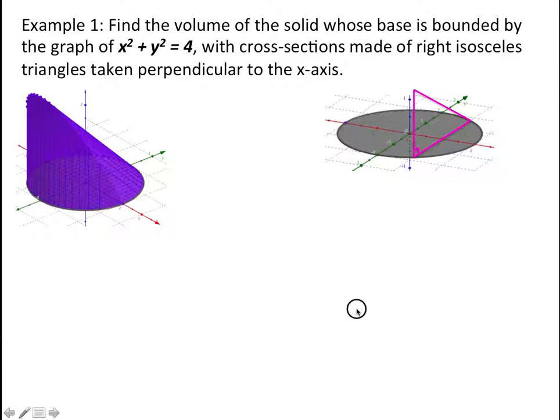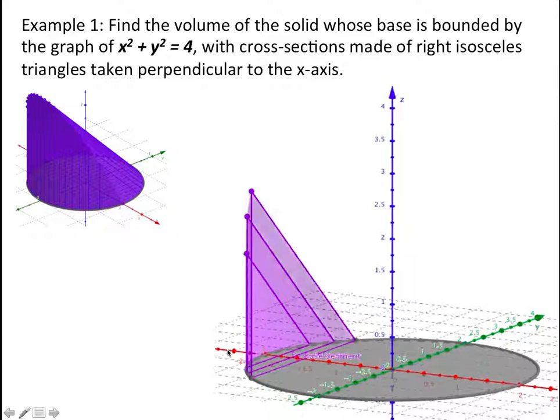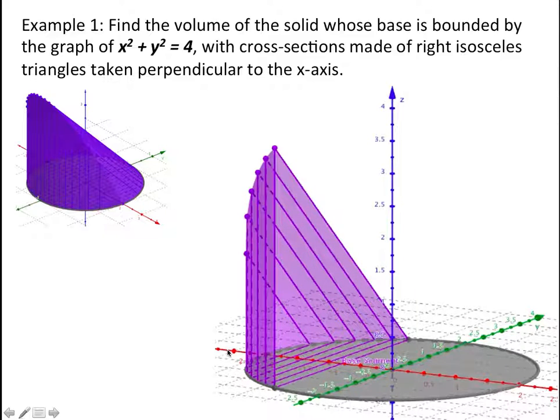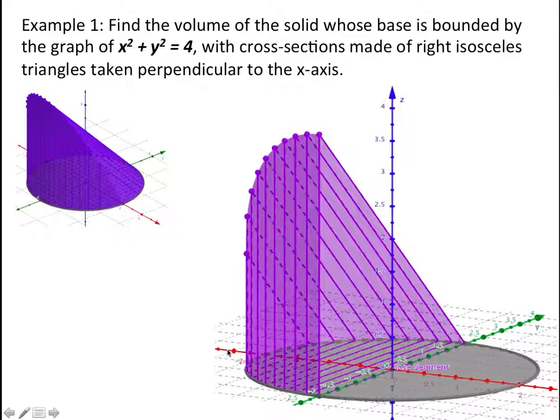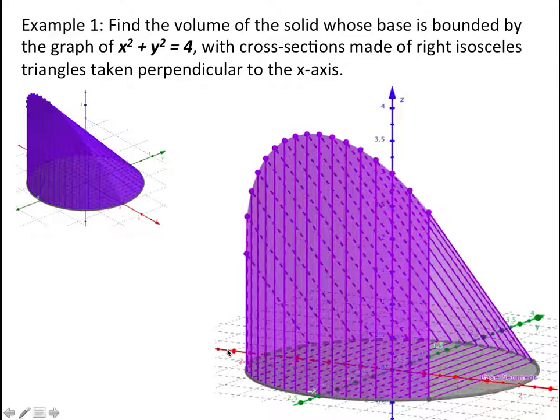So as we build this across this shaded region, we can see that as we stack these right isosceles triangles from -2 to +2, and this is just a quick recap of the video, those right triangles get taller until we hit the center of that shaded region, and then they start to get shorter. So that's how we find that volume, and so we're just going to go ahead and integrate that area function.